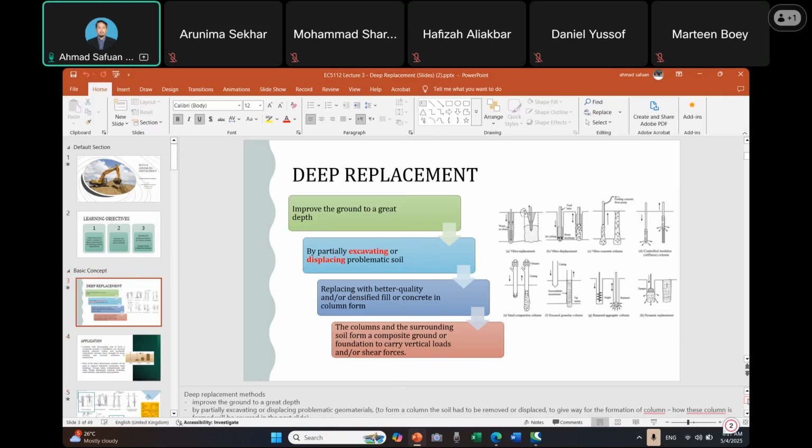Usually we try our best to meet the hard layer during the installation of the deep replacement methods.